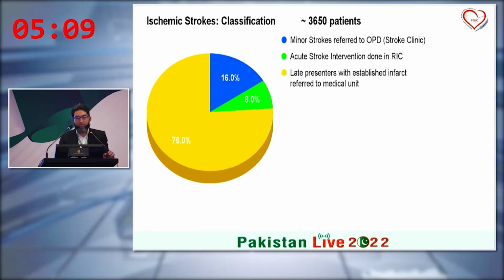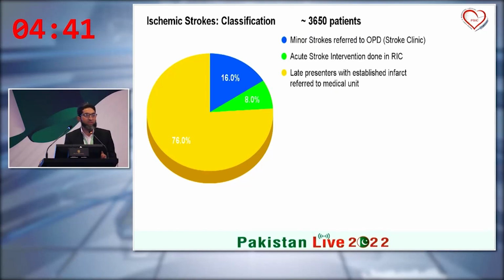Out of the patients with ischemic stroke, 16% had minor strokes, and after initial evaluation they are referred to the OPD stroke clinic and managed there for secondary prevention of stroke and related rehab. 8% of this group qualified for stroke intervention, and their interventions were done in RIC.